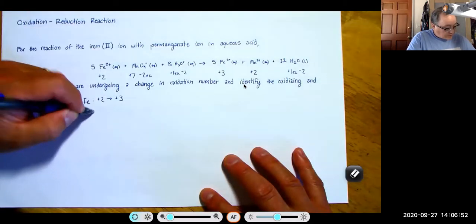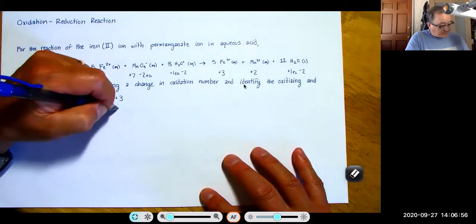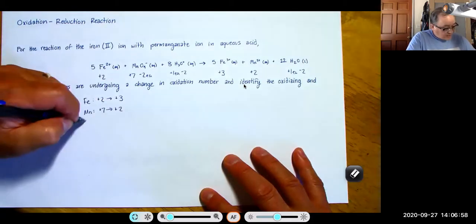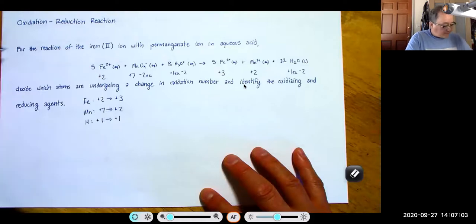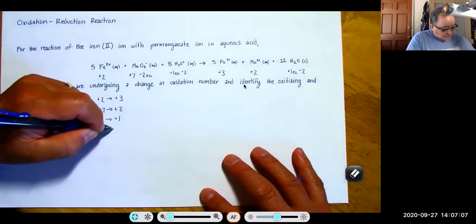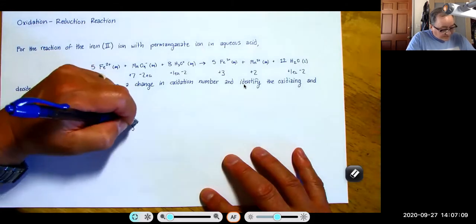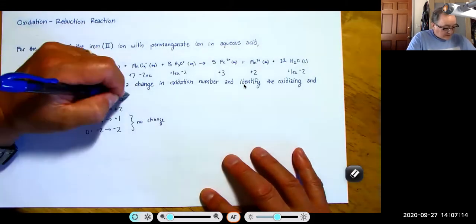Manganese goes from a +7 to a +2. Hydrogen goes from a +1 to a +1. And oxygen goes from a -2 to a -2. So here, there's no change. Here, there is a change.